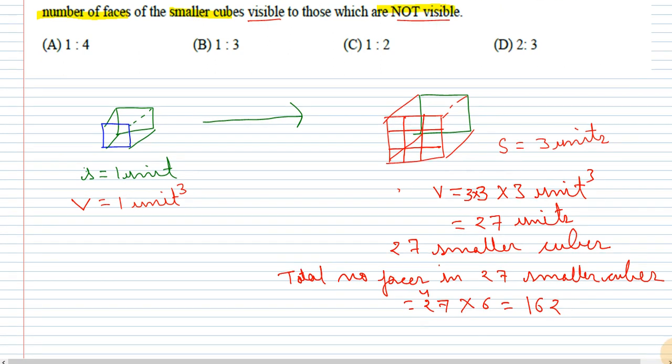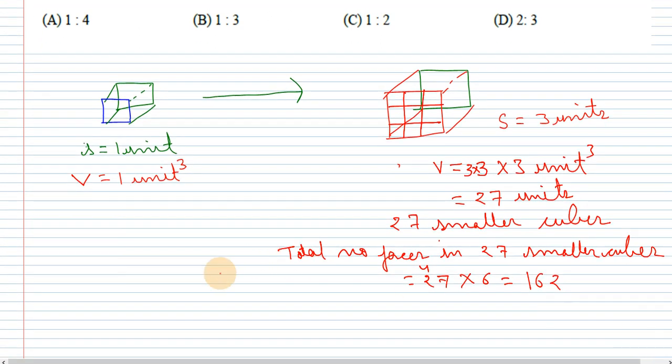Now we have to find the number of faces which are visible. If we look at the cube, the faces which will be visible are the faces which are outside the cube. If we look at this face, there are 9 faces which we are able to see, and if we include all 6 faces, it will be 9 into 6.